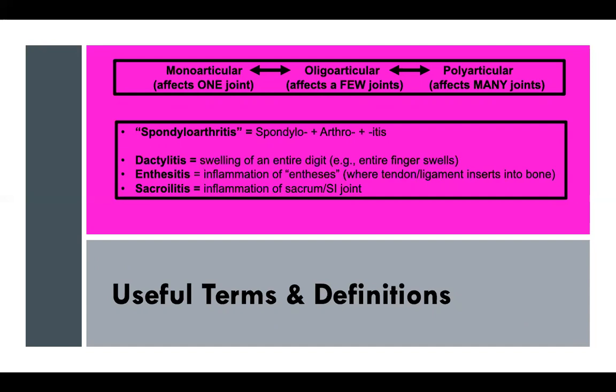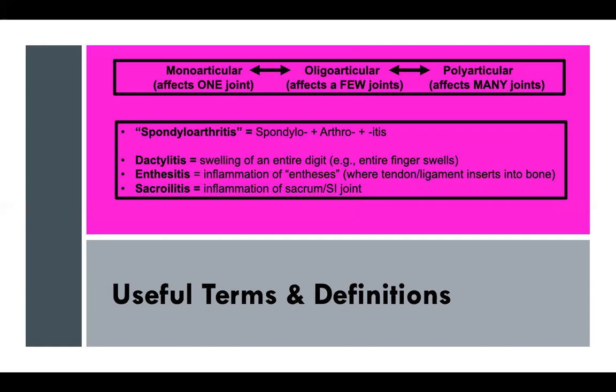As I mentioned earlier, this big word spondyloarthritis or spondyloarthropathy, if we break it down, the word comes from different Greek word origins, and so spondylos is indicative of vertebrae in the spine.